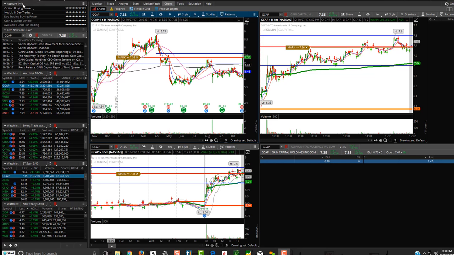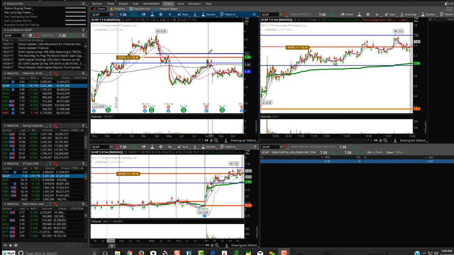So for instance, I'm just going to pick random stocks here. Let's say you were going to get in on GCAP here. I have a level of resistance showing right here. So you'll see, if I was to get in at the break of 736, there's some potential resistance around 750 to 760.